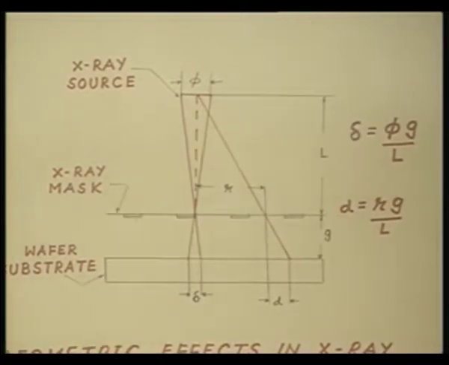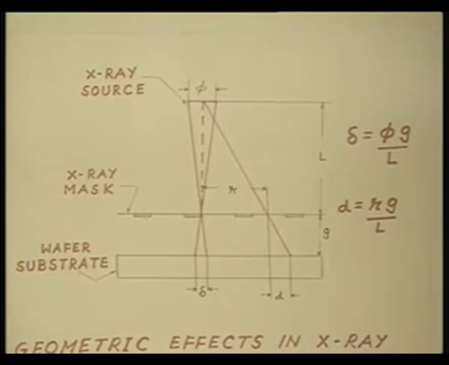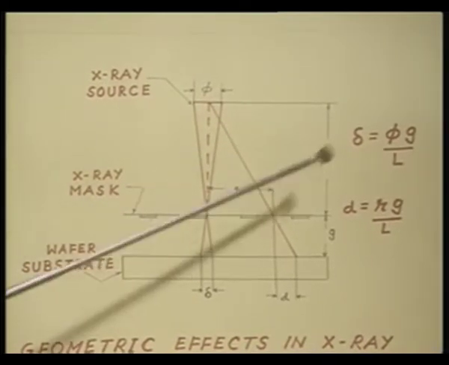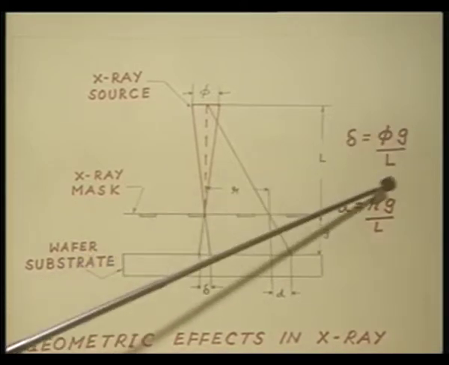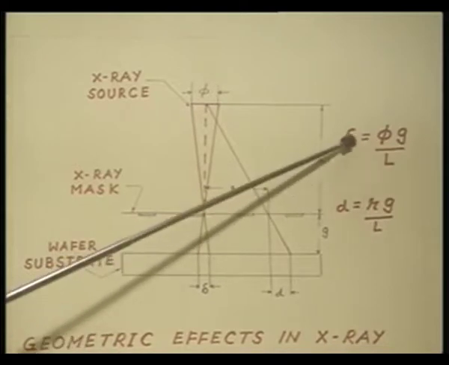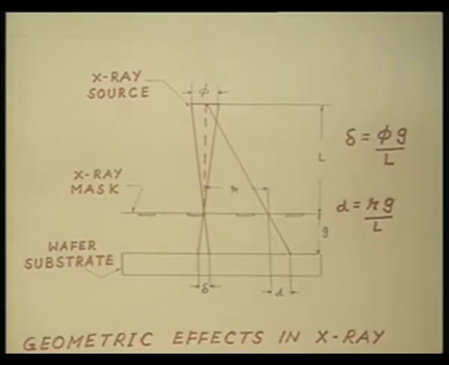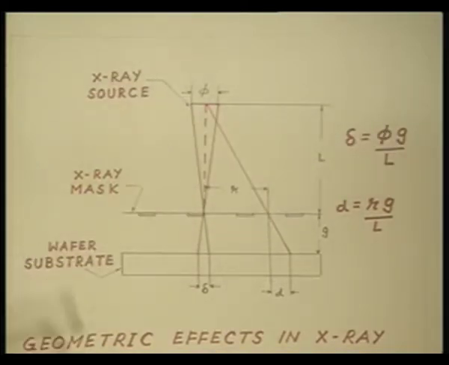So, delta is given by phi g by L. In actual case, this delta could be of the order of 0.02 to 0.05 micron. So, this is one problem with X-ray lithography.